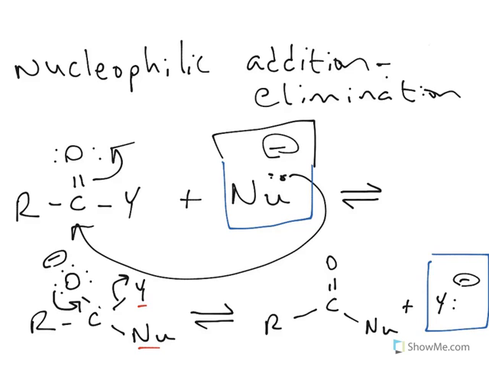But we've spent enough time looking at bases and their strengths to figure out what a good leaving group is. What's a weak base? So let's take a look at a reaction. Let's take a look at an acid chloride. Not an acid chloride, sorry.